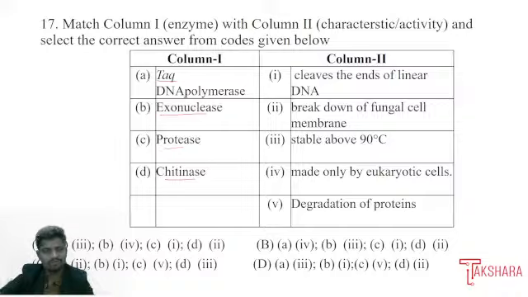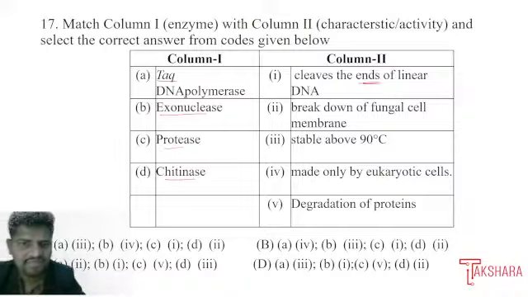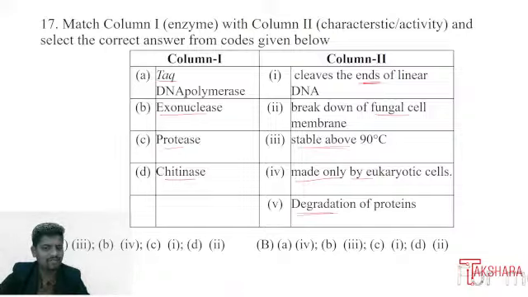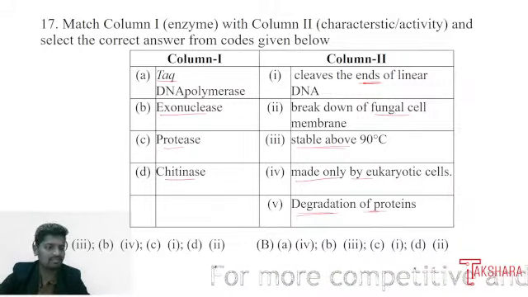And column 2: it can cleave the DNA at the ends of the linear DNA; breakdown of fungal cell membrane; stable above 90 degrees Celsius; made only by eukaryotic cells; and degradation of protein molecules.